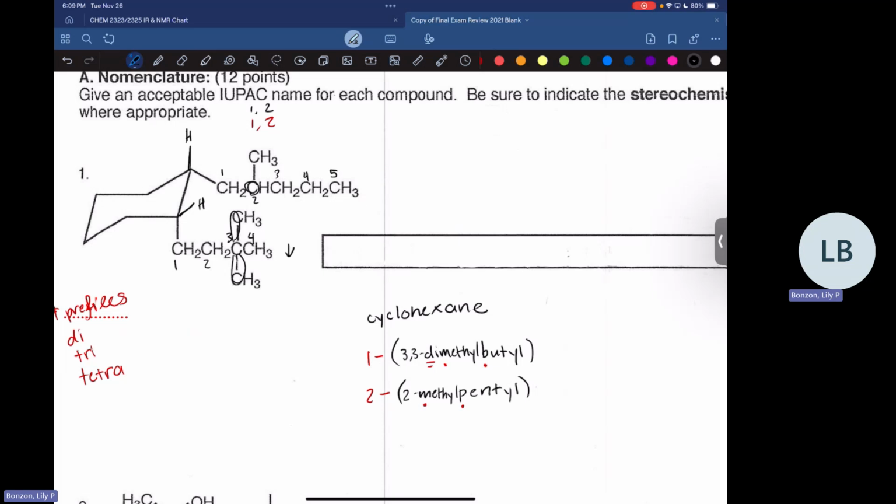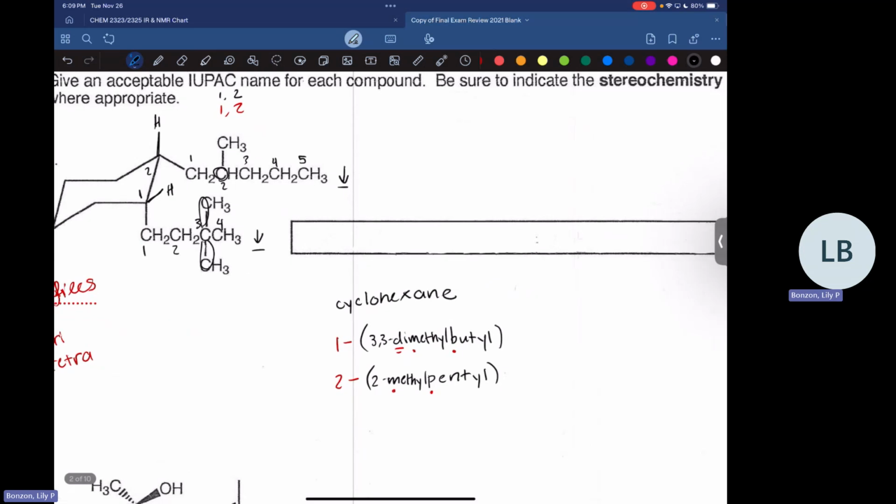So the 3,3-dimethylbutyl that we gave carbon 1 is on the down position at that carbon. At carbon 2, the pentyl substituent is also in the down position. Because both substituents are in the down position at their respective carbons, this one is going to be cis.